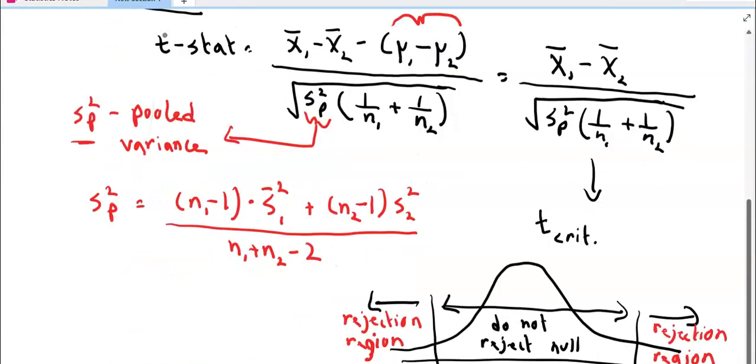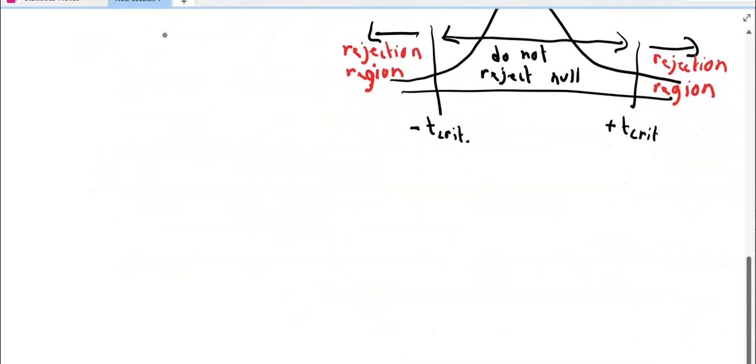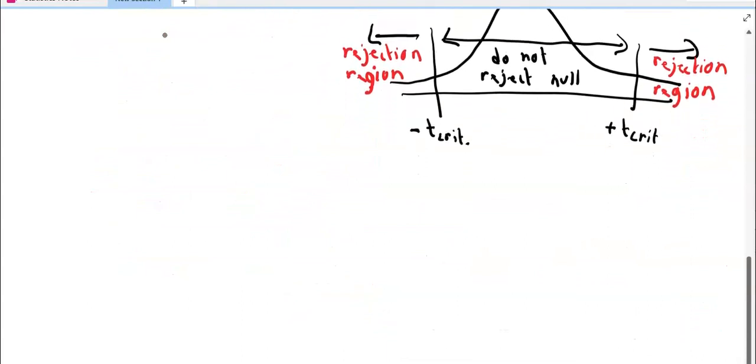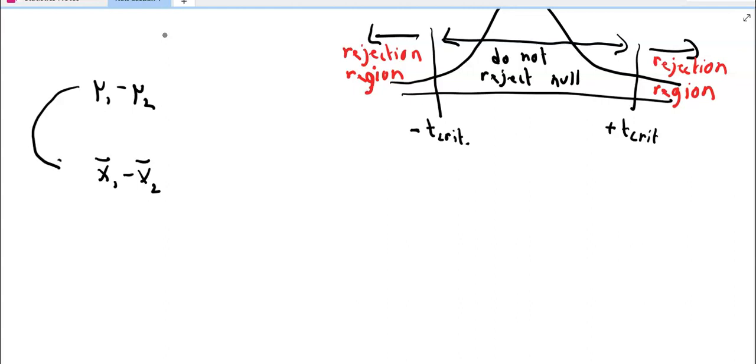Now, another thing we have to look at is the confidence interval of that difference. If I have x1 bar minus x2 bar, the difference is this. This is of the sample, but we also want to know the population difference, mu1 minus mu2. So how can we find the 95%, 90%, or 99% confidence interval of that?